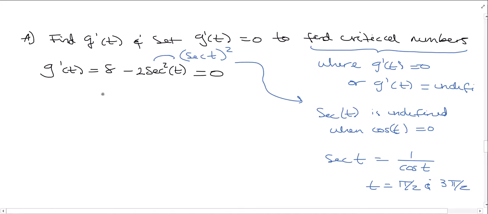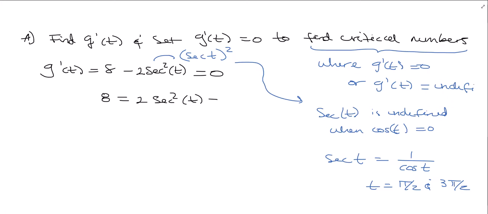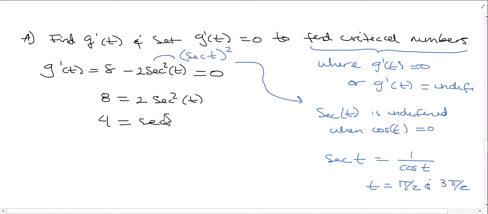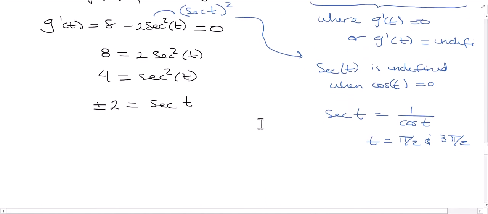So now let's find the ones where the derivative is 0. So solve for t. I'm going to move the secant squared over to the other side and then divide by 2. So I have 4 equals secant squared of t. Take the square root of both sides. So I'm going to have secant of t equals plus or minus 2, right? Anytime you take the square root of something with a variable, you gain that plus or minus.